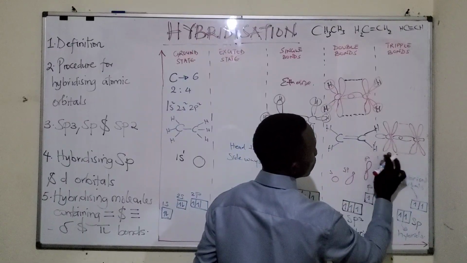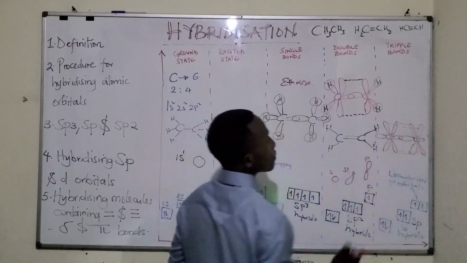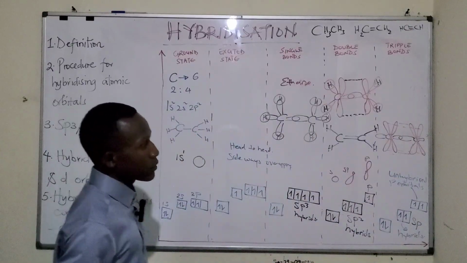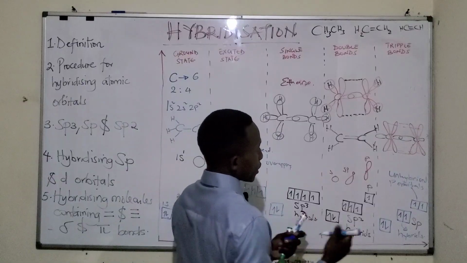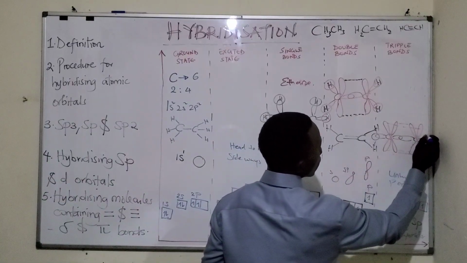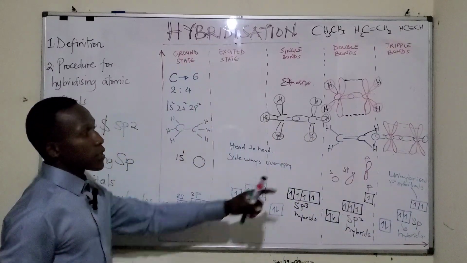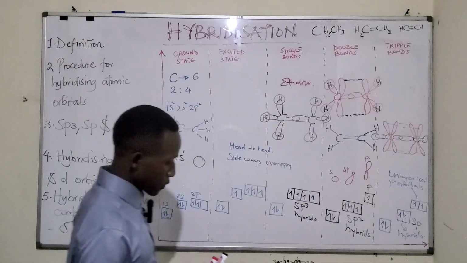They try to form bonds, and here we have hydrogen and another hydrogen using their s electrons.